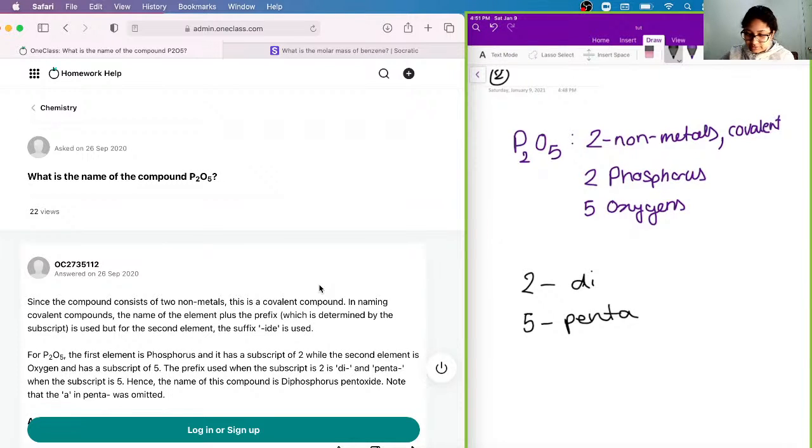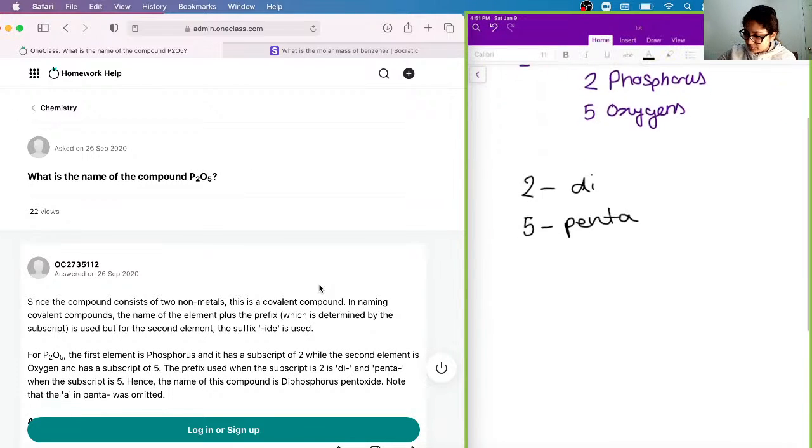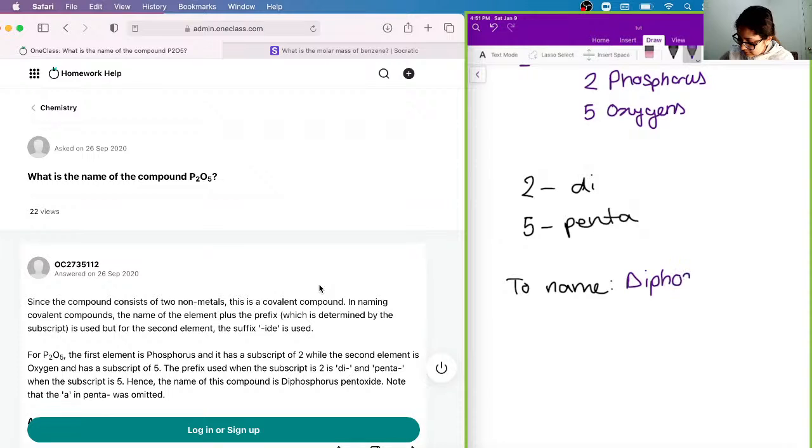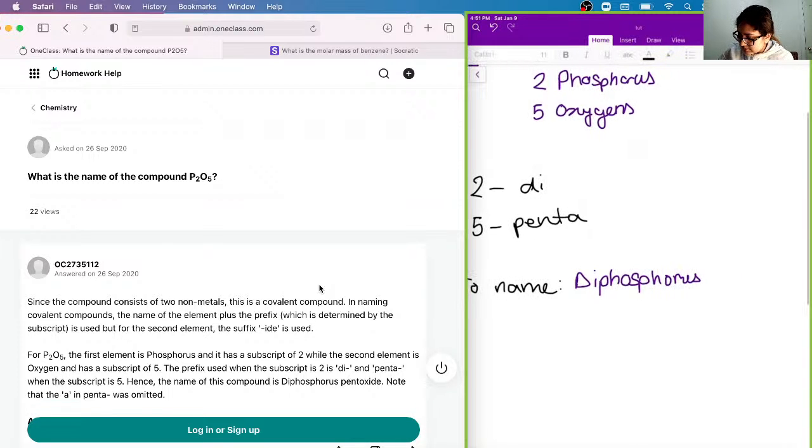So to name this, we first put the prefix of the first element, phosphorus, and since it has a subscript of 2, it would be diphosphorus. Then we get rid of the a and replace it with oxide, so it would be pentaoxide.